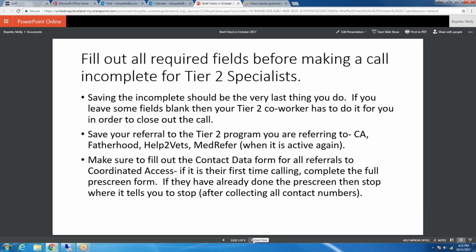I also wanted to mention that with MedRefer, we do have a new part-time MedRefer specialist. Her name's Christy. She'll be working part-time, and she will be handling specifically the prescription assistance applications that are through the drug companies.